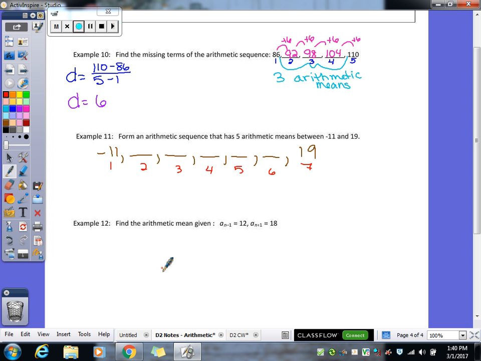So now let's go find our common difference, again, using our slope formula. So 19 minus negative 11 over 7 minus 1. So what does our common difference end up being? 5.